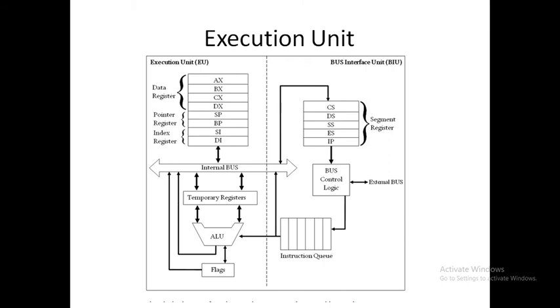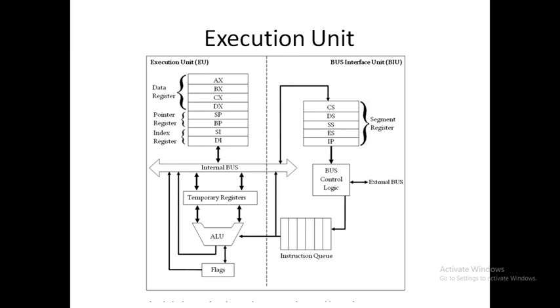Conditional flags represent the result of the last arithmetic or logic instruction executed. Conditional flags are carry flag, auxiliary flag, parity flag, zero flag, sign flag, overflow flag. And control flags control the operation of the execution unit, that is trap flag, interrupt flag and direction flag.